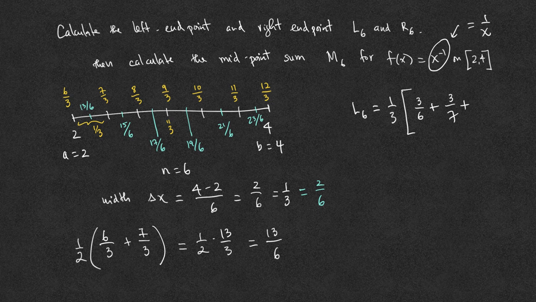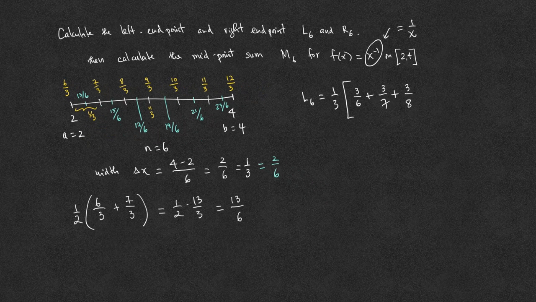If x is 8 over 3, then the height is 3 over 8. And we would need to have 6 terms because we're using n equals 6. The next one is 3 over 9. The next height is 3 over 10. And the next height is 3 over 11. And we stop here. Again, the height is the reciprocal, 1 over x. We will use a calculator to evaluate the sum, but we will need to set up everything so that we can use the calculator at once.